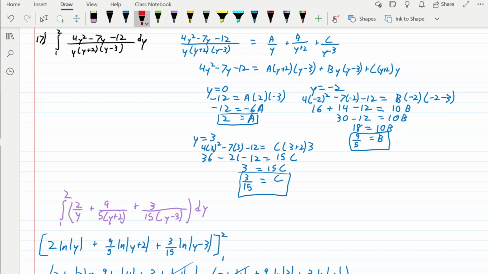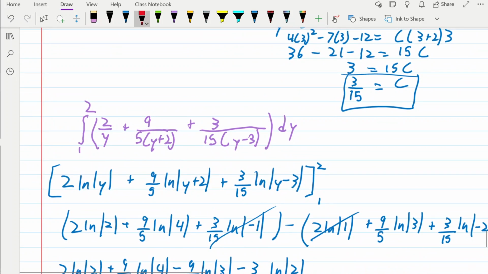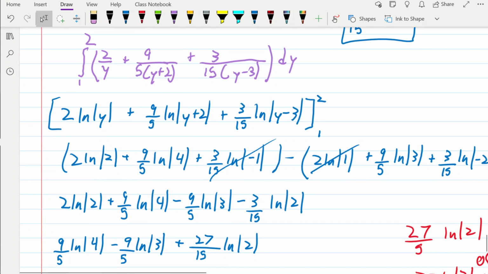If not, there's always a slight chance the textbook's wrong, but that's not normally the case. But it does happen. Hmm. 2 ln y, ln, okay, all right.